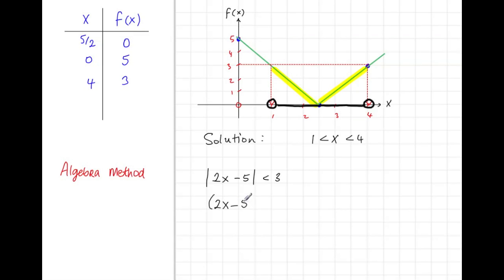So 2x minus 5 squared must be less than 3 squared. So if you square this, you get 4x squared minus 20x plus 25, and that must be less than 9. Just neaten this up by taking 9 from both sides.